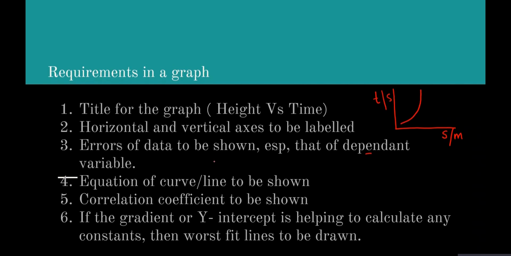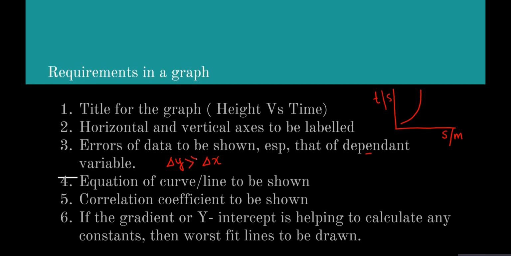So, while we are plotting the graph, you need to compare the uncertainty of the variable that is plotted on the y-axis with the uncertainty of the variable that is plotted on the x-axis. So basically, we are comparing the uncertainties of the variables.